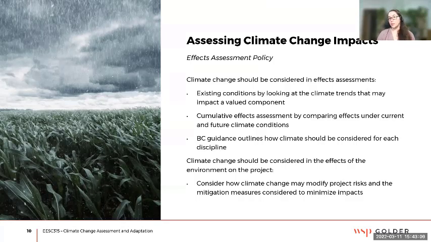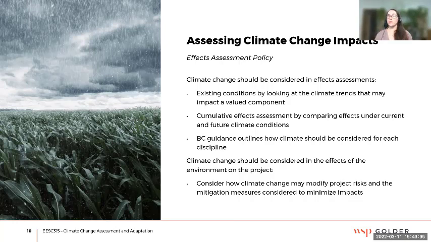And there is guidance available from BC for how you should do all of this. And you also need to look at the effects of the environment on the project and how climate change can modify any project risks and what mitigation measures are being considered to minimize those impacts. So there's a bunch of different places where you'll see climate resiliency come through. It's more of a consistent thread throughout the entire assessment itself.